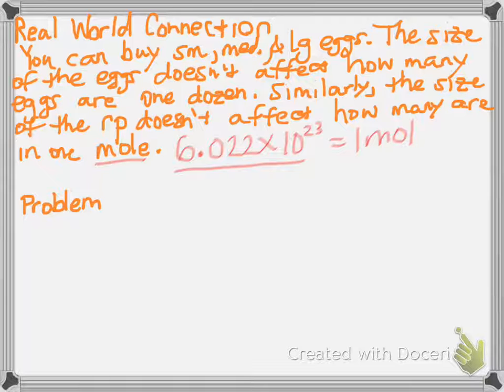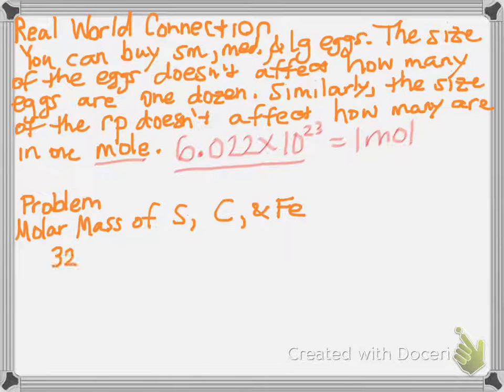So let's take a look at a problem here. We want to figure out the molar mass of sulfur, carbon, and iron. So you should have 3 different molar masses. Now remember, to get the molar mass, you're going to just look at your periodic table. You're going to use that average atomic mass, and you're going to express it in grams per mole. So the molar mass of sulfur, when you look at your periodic table, is about 32.1 grams of sulfur per 1 mole of sulfur.